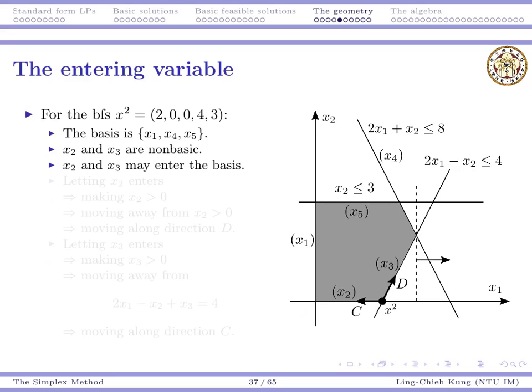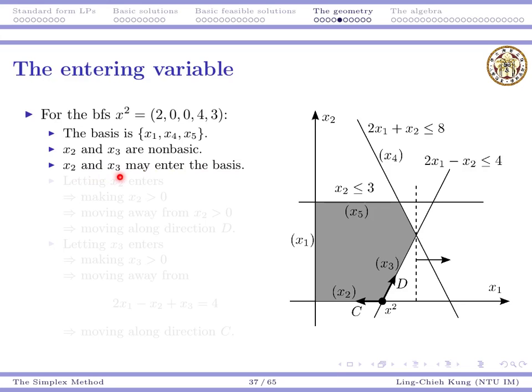Let's see another example. Suppose I move to the basis x1, x4, and x5. Now x1, x4, and x5 are non-negative. This corresponds to this point, or (2, 0) on the graph. So now x2 and x3 are non-basic, so they are the candidates to enter the basis. Now let's see what will happen if x2 or x3 enters the basis.